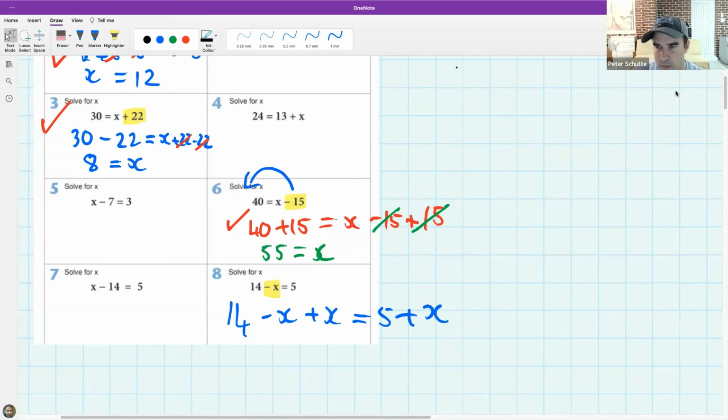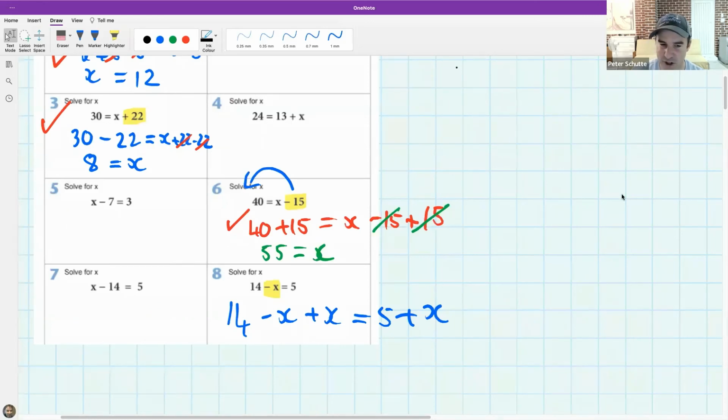Lesedi, could you help me with explaining why I went plus x on both sides? If you can unmute, otherwise, Ayanda, who can help me? Why did I decide to go plus x on both sides? Let's have a look.